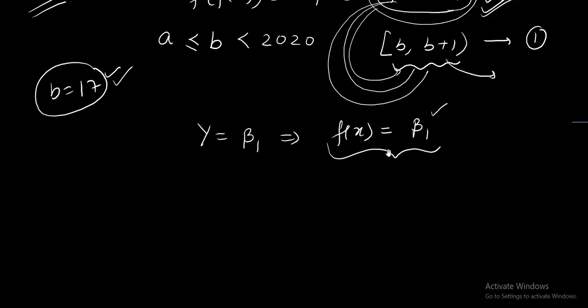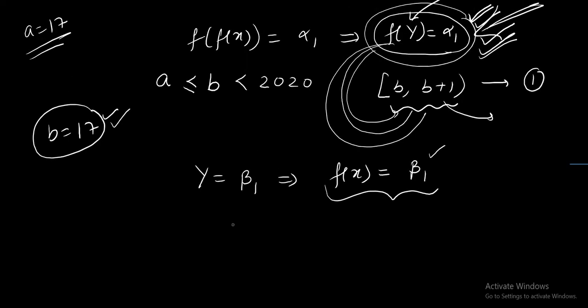Same explanation again, there exists an integer c, greater than or equal to 17. But in general, I must write it as b. If I take b as 18, I write 18; if I take b as 19, I write 19. So c is greater than or equal to b, but less than 2020.